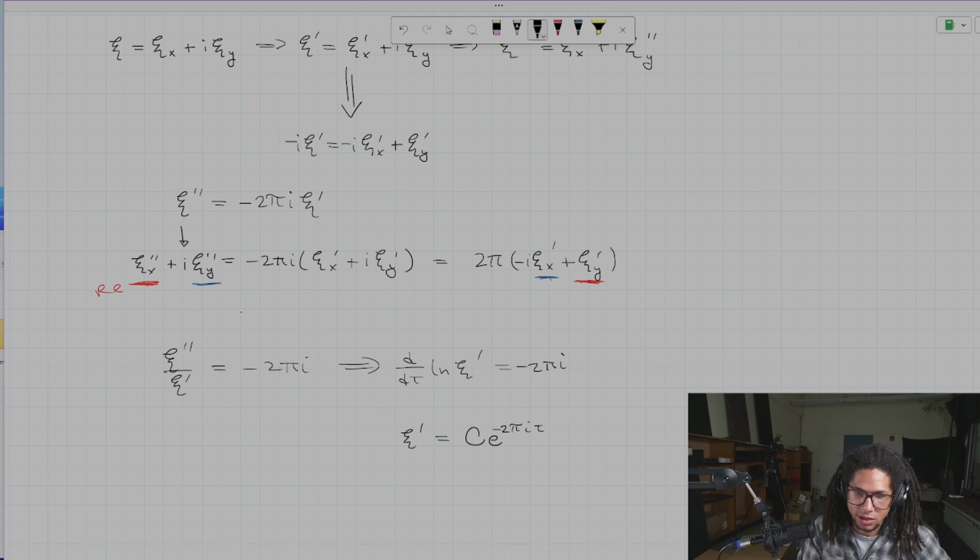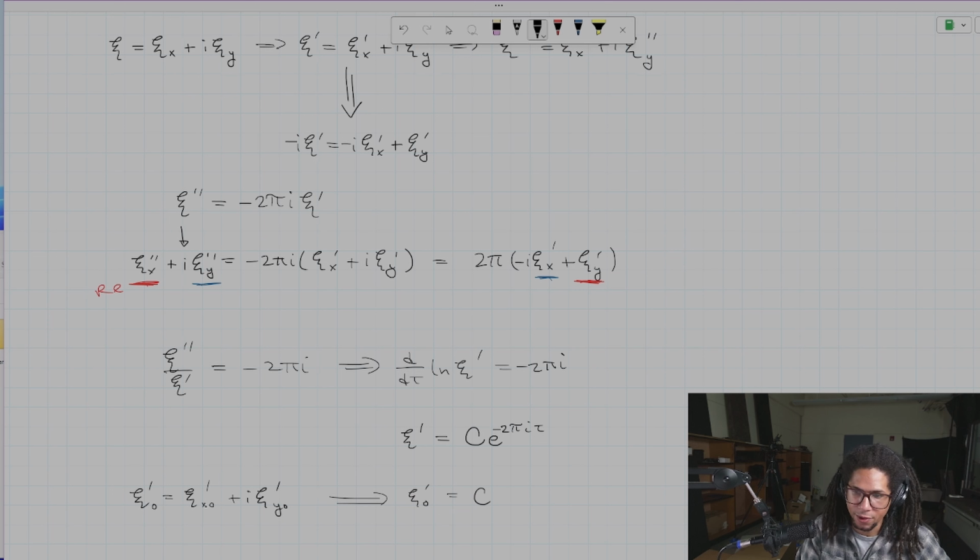So in this setting, my initial condition is going to be an initial condition for xi prime, which is going to be whatever my xi naught x was, so maybe I'll call it xi x naught prime plus i times whatever my initial condition was for y. All right. So I'm going to get xi naught prime is equal to C. All right. Nothing particularly interesting there.